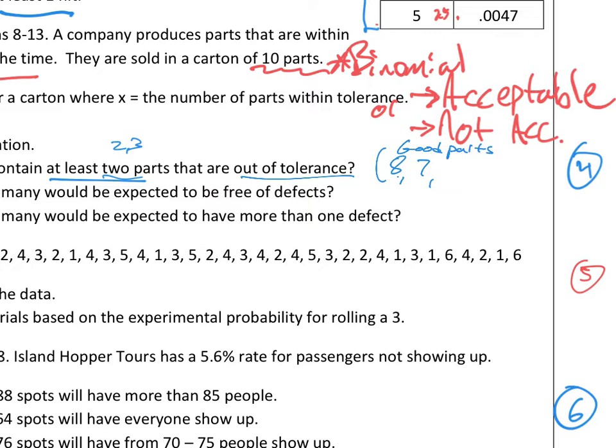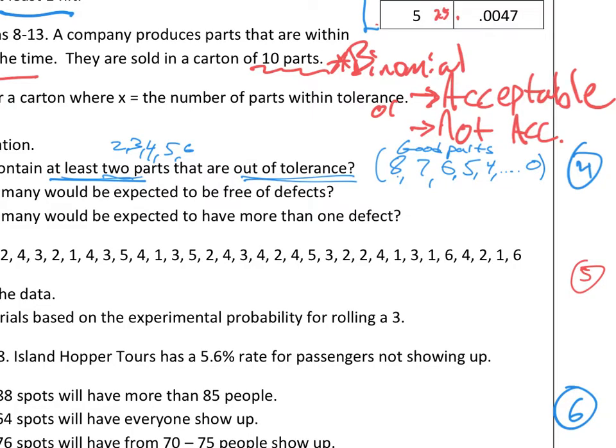We have to think of this in a reverse way. If there were 4 bad parts that are out of tolerance, then there'd be 6 good. You see what's going on here? If there were 5 bad parts, then there's 5 good parts out of 10. And we could go all the way down to 0 good parts if they were all bad.